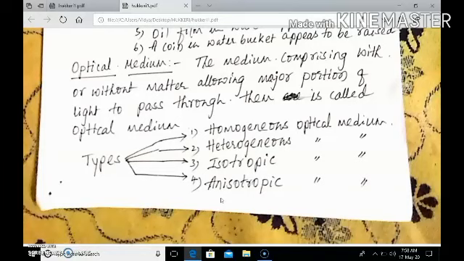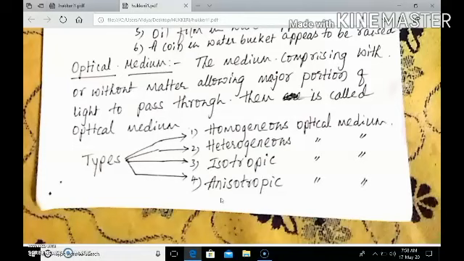The types of optical media. Number 1, homogeneous optical medium. The medium is said to be homogeneous optical medium if the optical density of the medium is uniform throughout the medium. For example, vacuum, air, water, glass.